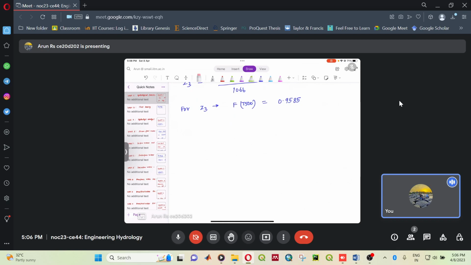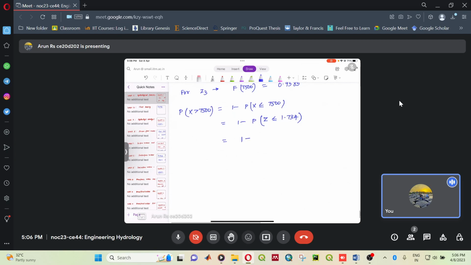Now we can find out the probability of x greater than 7500. This can be written as probability of z less than or equal to 1.734.